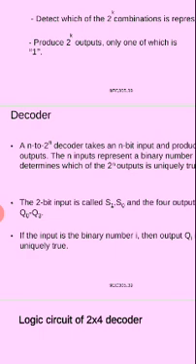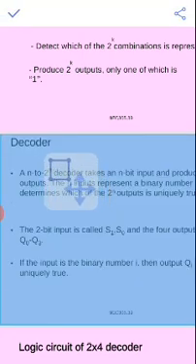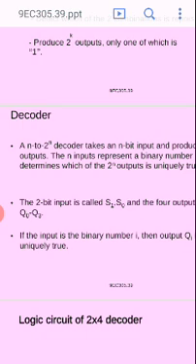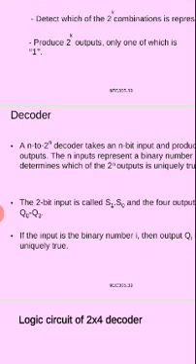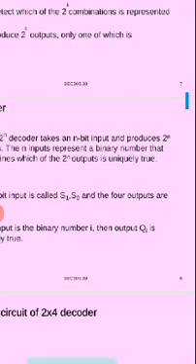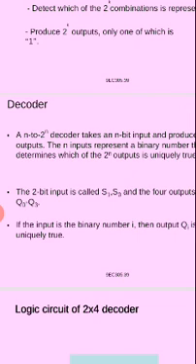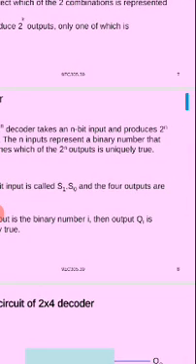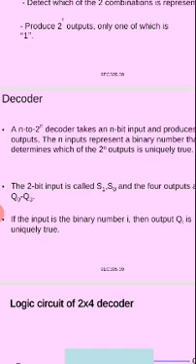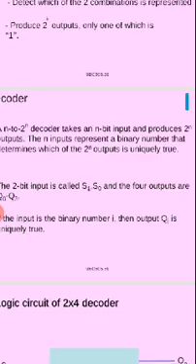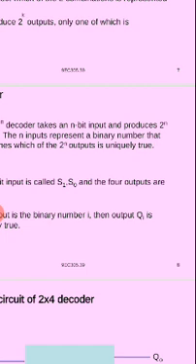A n to 2 power n decoder takes n bit input and produces 2 power n outputs. The n inputs represent a binary number that determines which of the 2 power n outputs is uniquely true.